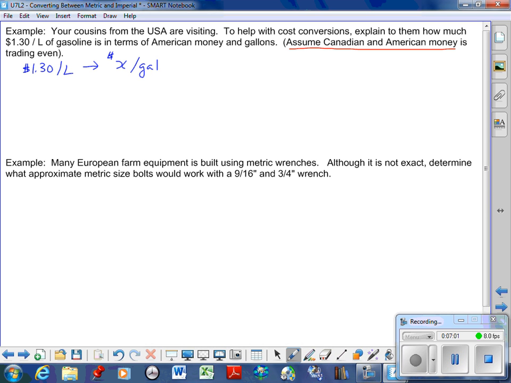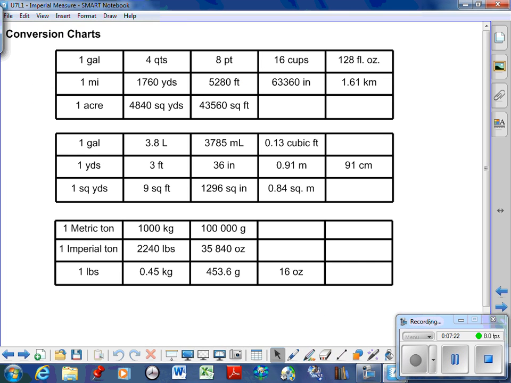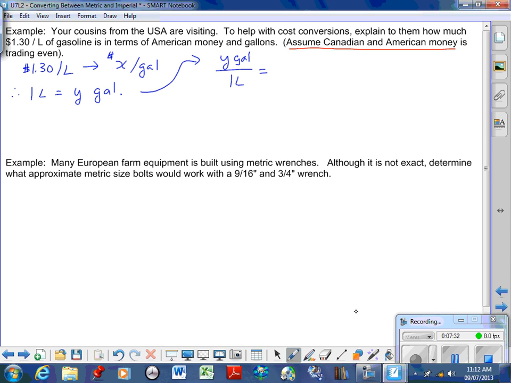So 1 liter is equal to, I'm just going to introduce a different variable because I don't want to use X again, Y gallons. So Y gallon over 1 liter is equal to, you get your conversion chart out, and we're looking for liters and gallons, so volumes. 1 gallon has 3.8 liters.